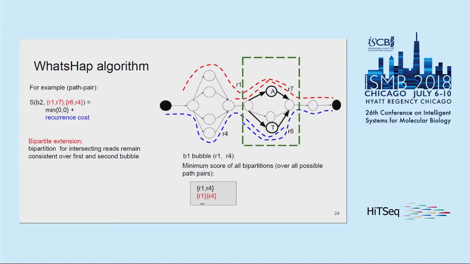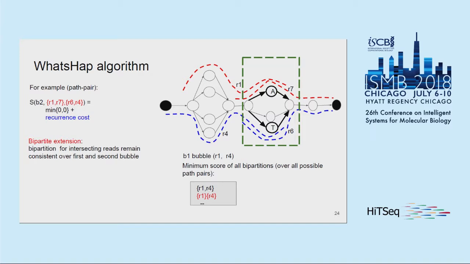Now, for the second bubble and for the partition encoded in these colors, we first compute the initialization cost as we did before. And for the recurrence cost, we want that the bipartition for the intersecting reads remain consistent over the first and second bubble. For example, here R1 and R4 lie in different partitions.